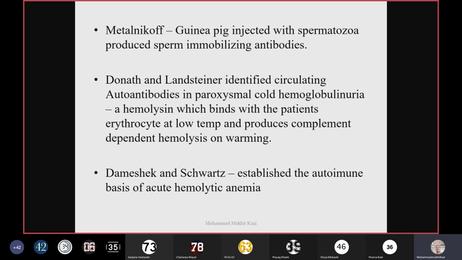They cannot move around, and this was proven by Metalnikov in the guinea pig. Later, Donath and Landsteiner identified circulating autoantibodies in paroxysmal cold hemoglobinuria, a hemolysin which binds with the patient's erythrocytes.